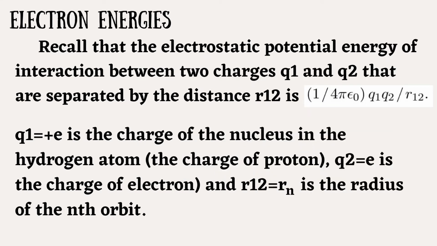Recall that the electrostatic potential energy of interaction between two charges, q1 and q2, that are separated by a distance r sub 12, is 1 over 4 pi epsilon 0 times q1 q2 over r12.